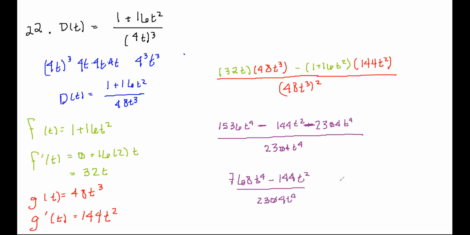Let's factor out some stuff and see what we can factor out. So that's 16 times 48 t to the 4 minus 9t squared.